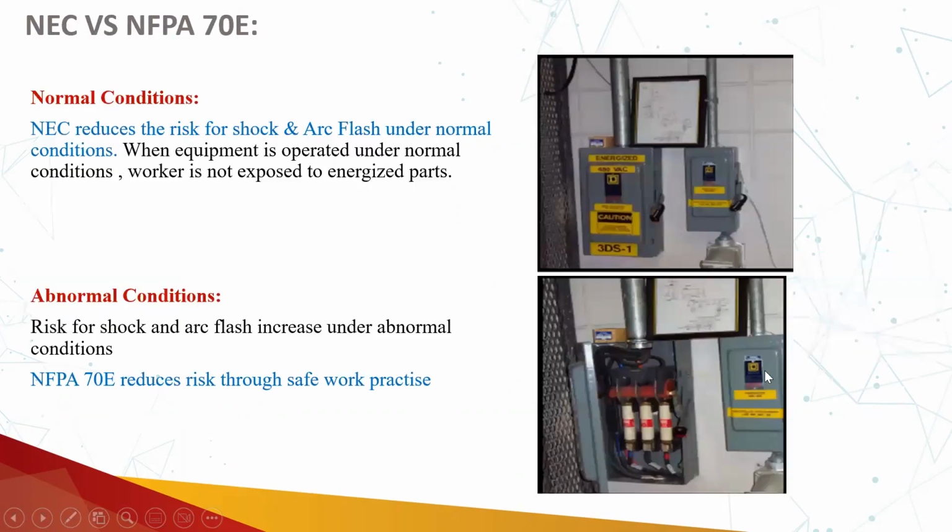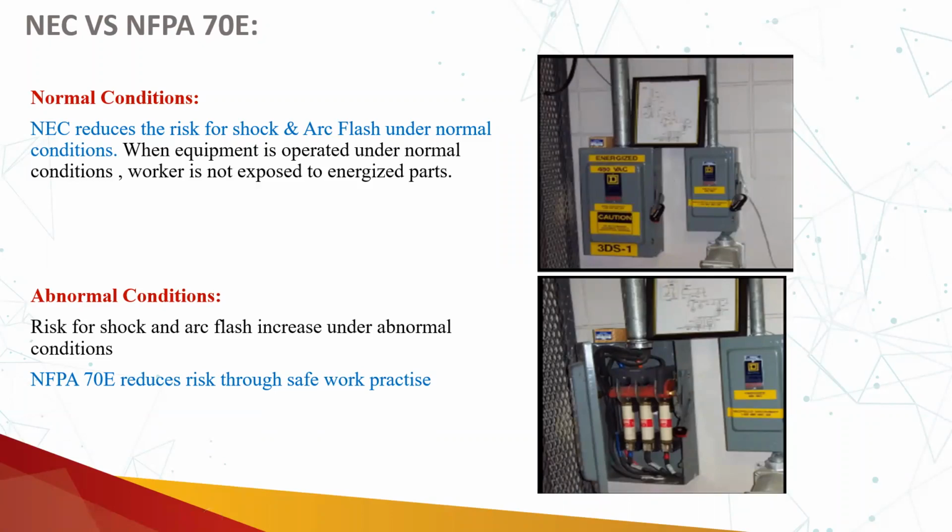So what is normal and what is abnormal condition? If the equipment was correctly selected, designed, installed, those are basically the responsibility of the NEC. So this is normal condition. Under normal condition, this equipment should not cause me electric shock. This equipment should not cause me flashover.